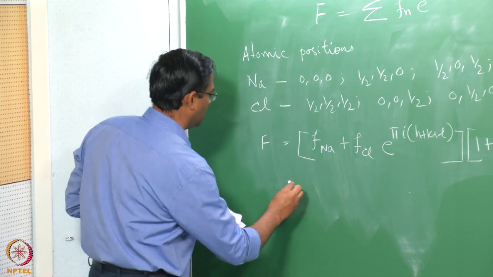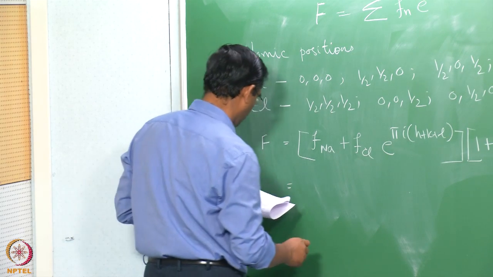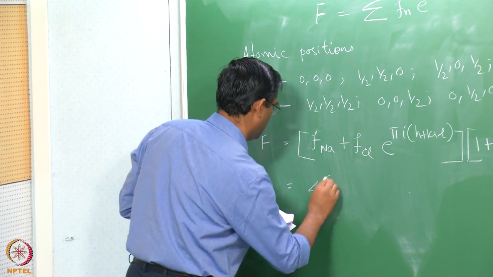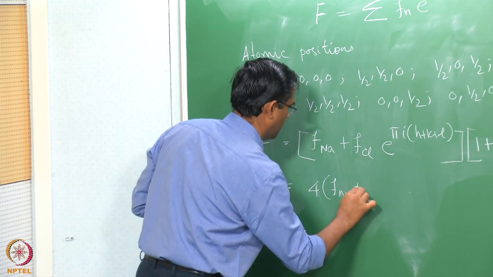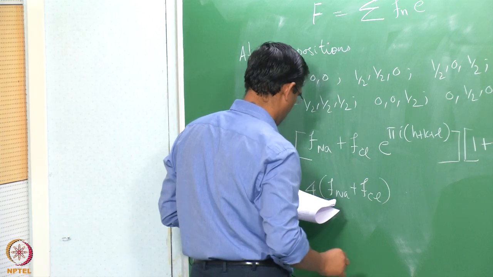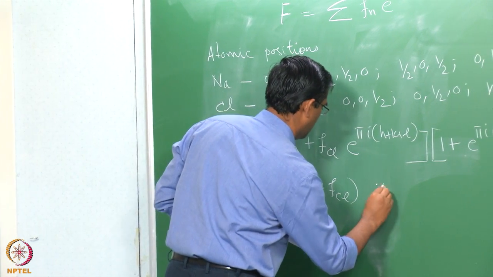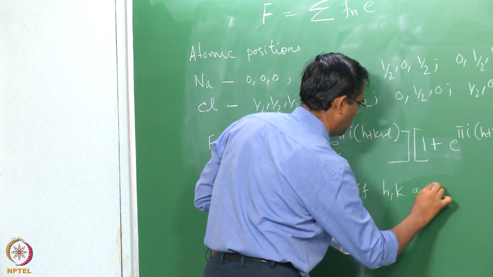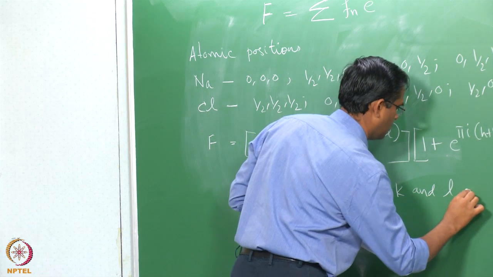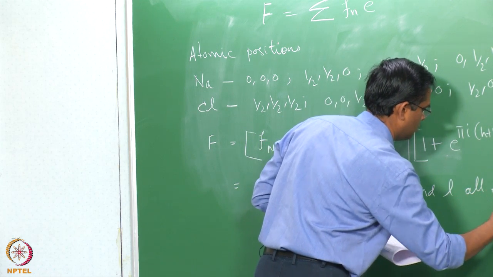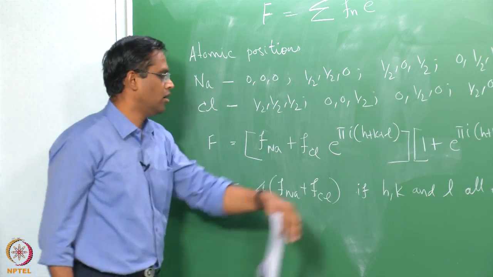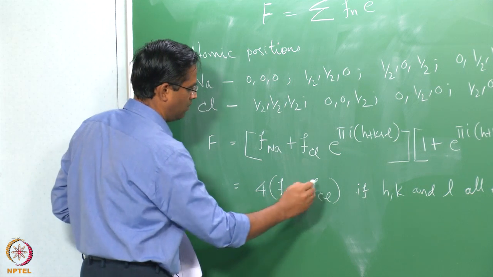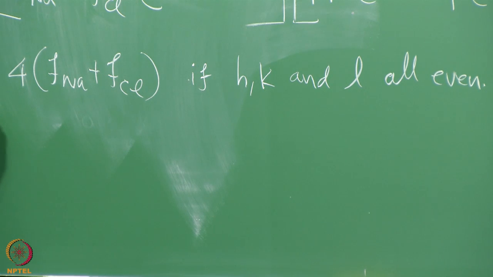And then we can now write a condition. If h, k and l all are even, then f is equal to 4 times f Na plus f Cl, and we have another condition.